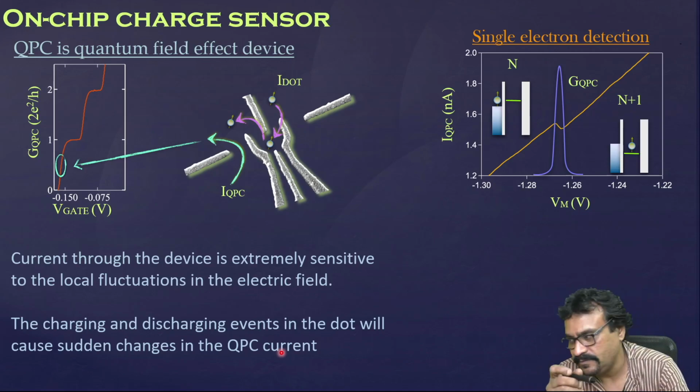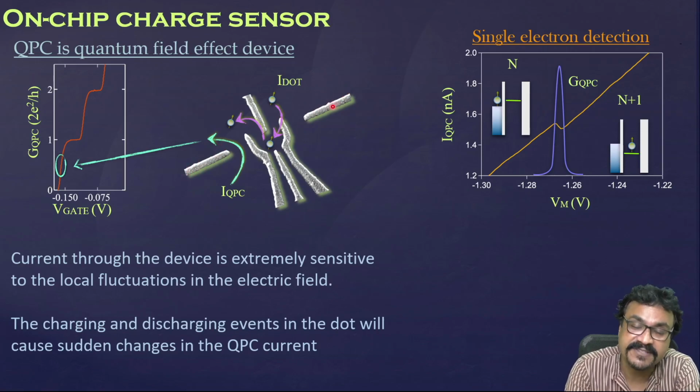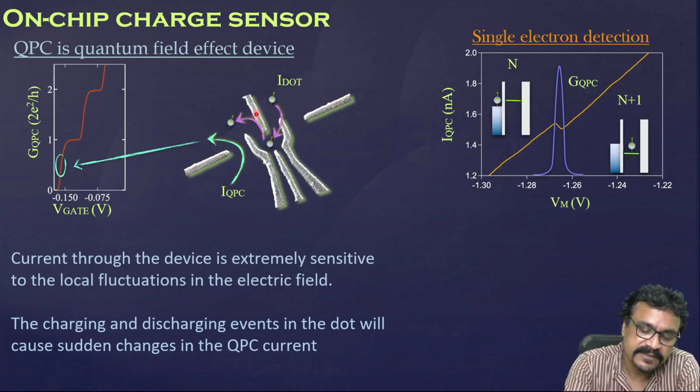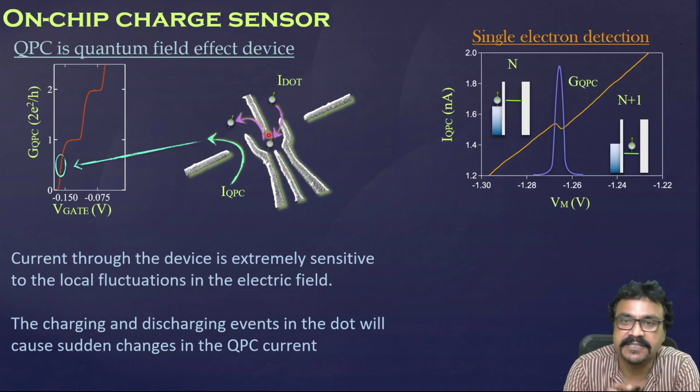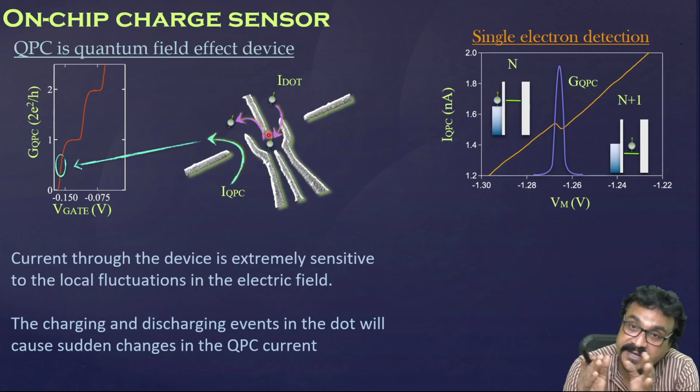Remember, when we design this dot, there are two extra electrodes or gates on either side. These four electrodes, when you apply negative voltage, will confine a small region where electrons are confined. Okay, that is the dot.